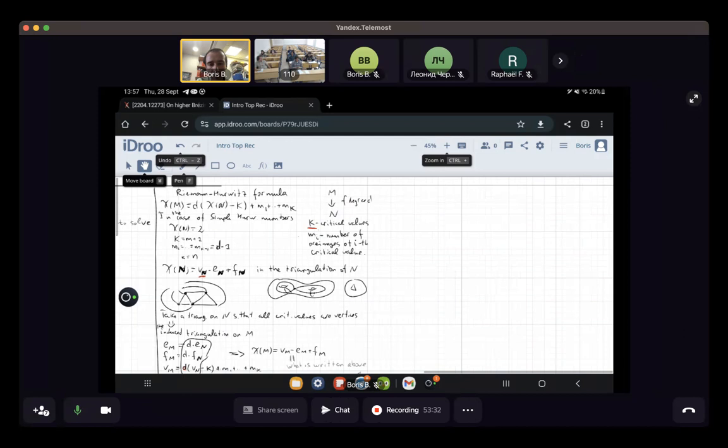So we have the Euler characteristic of M equal to D times the Euler characteristic of N minus k plus m1 plus etc. plus mk.